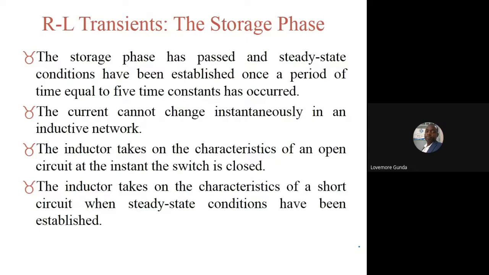Once a period of time equal to 5 time constants has occurred, the current cannot change instantaneously in an inductive network. The inductor takes on the characteristics of an open circuit at the instant of closing the switch. Then the inductor takes on the characteristics of a short circuit when the steady state conditions have been established. That is what I was explaining on that circuit.